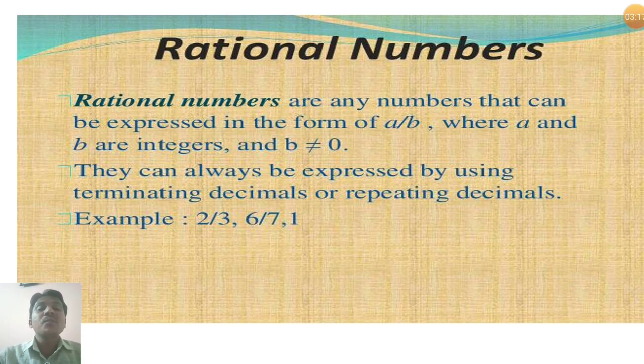So the condition is that b is not equal to 0. They can always be expressed using terminating decimals or repeating decimals. These terms, terminating decimals and non-terminating decimals, you have already learnt in your previous class, but I will also explain them later. Examples for rational numbers are 2 by 3, 6 by 7, 1, 2, etc.